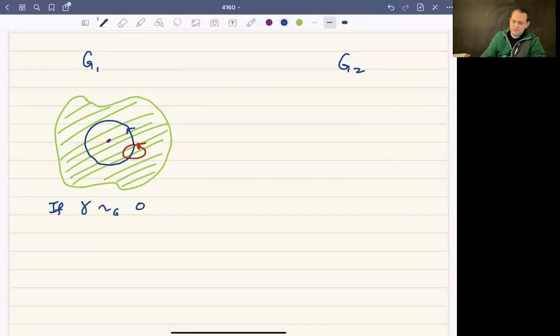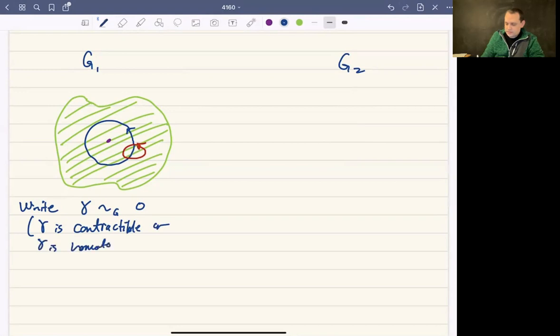So let me say this a little better. We write that gamma is homotopically equivalent to 0. This means that gamma is contractible, or gamma is homotopic to a point.